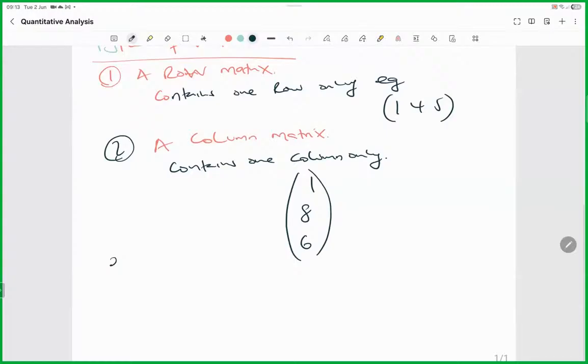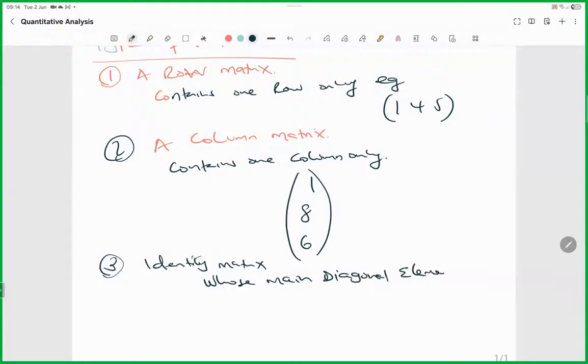Number 3, we have what we call the identity matrix. An identity matrix is a matrix whose main diagonal elements are 1 and the others are 0.